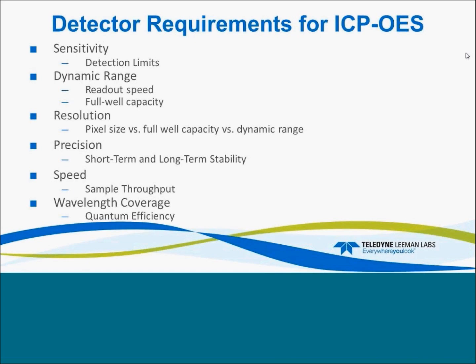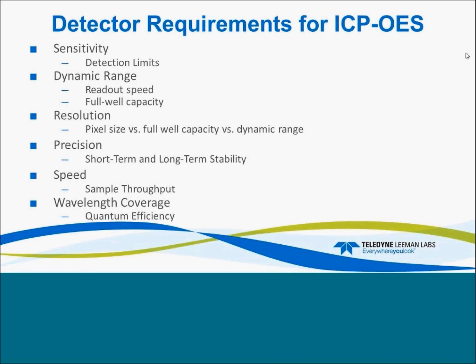Resolution, you want to have pixels small enough to make measurements, but also have a good full well capacity and also good dynamic range. So all these things have to be taken into account. Precision, you want the device to be able to give you good precision like a photomultiplier is capable of doing. Speed, sample throughput. There's a lot of work that these detectors have to do to make measurements, and there's a lot of data overhead.